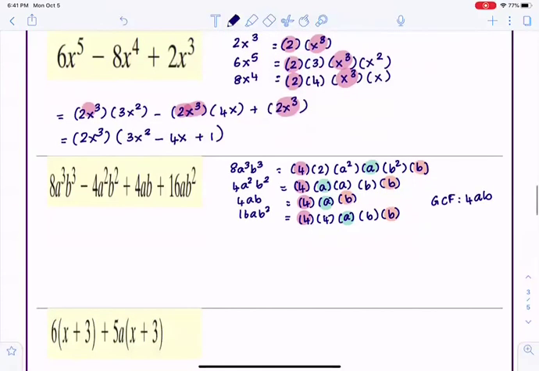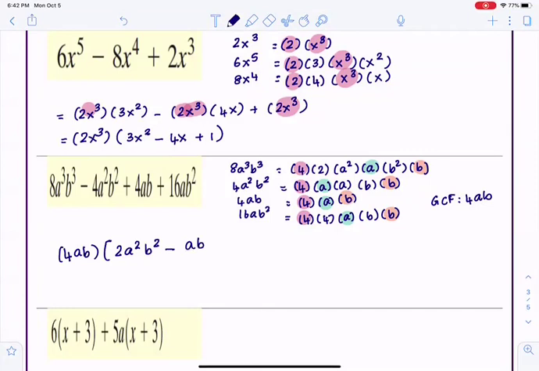Now, if I take away 4ab from each of those terms, you just have to look at what you leave behind. For instance, in 8a cubed b cubed, if I pull 4ab out, I'm left with 2a squared b squared. The sign is negative. In the second term, if I take out 4ab, I'm leaving behind a and b.